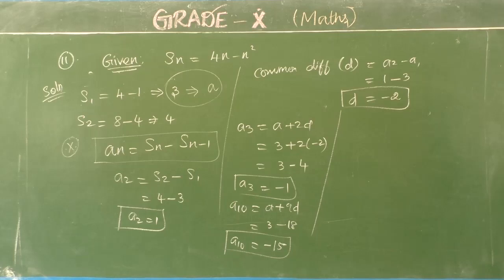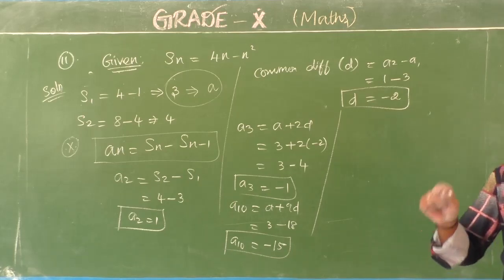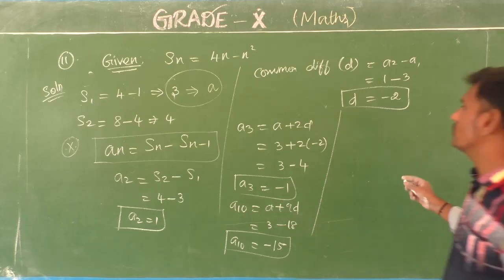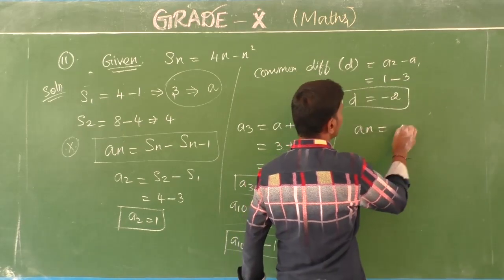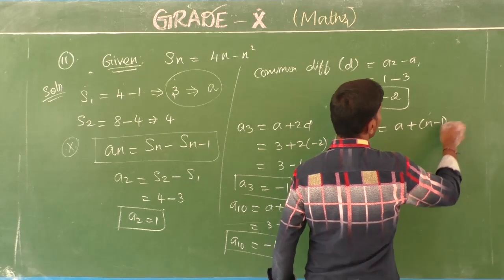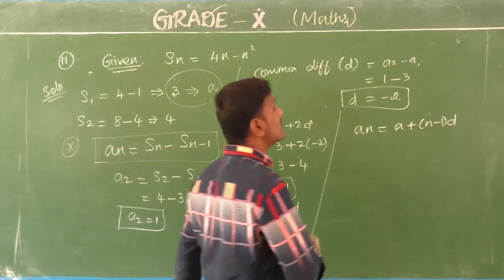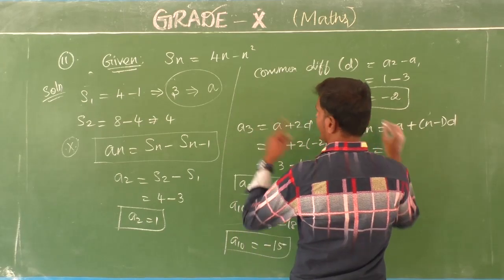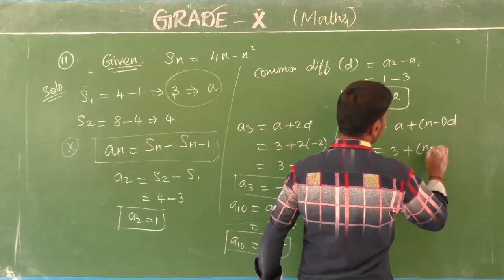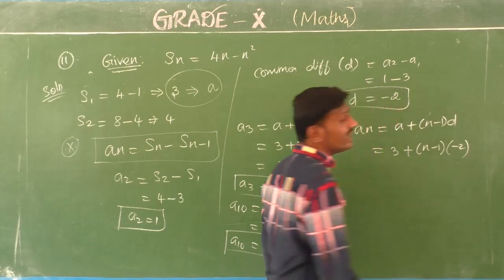Yes, students. And finally they are asking for the nth term. Now an is equal to a plus n minus 1 into d. Now you substitute the values of a and d here. A is 3 plus n minus 1 into d, which is minus 2.